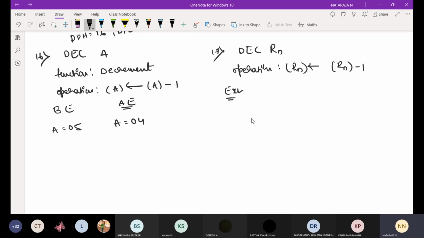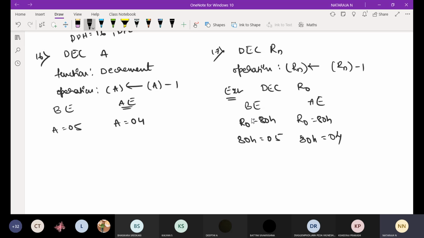With respect to this example, if I take decrement R0, before execution R0 is equal to 80H. In 80H we have data 0.5. After execution, R0 has the same address location, but the data in the 80H location will be decremented by 1.